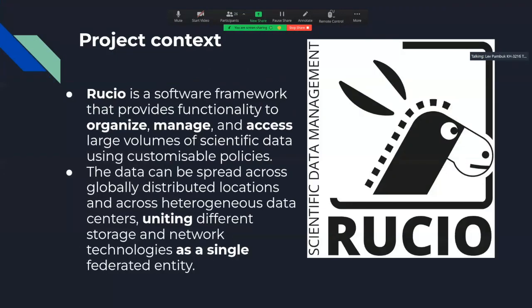So for a start, I'll give you some context. Rucio is a software framework that provides functionality to organize, manage, and access large volumes of scientific data.